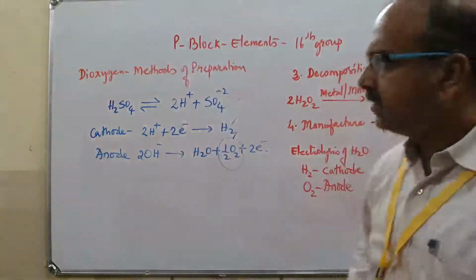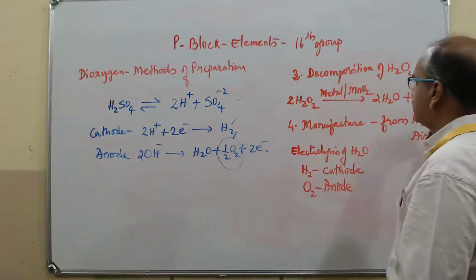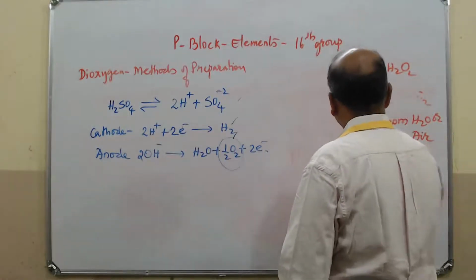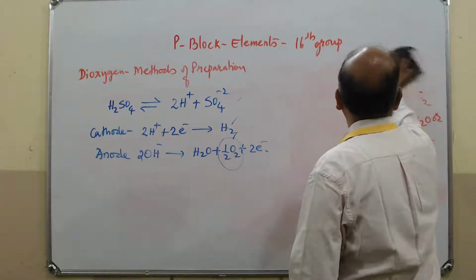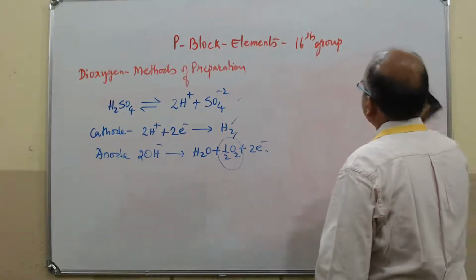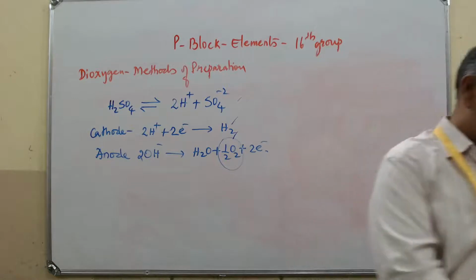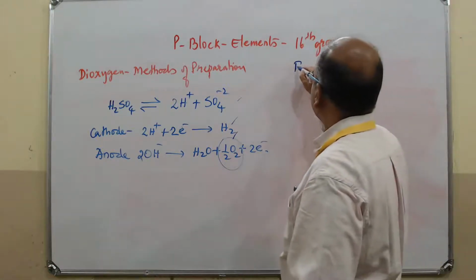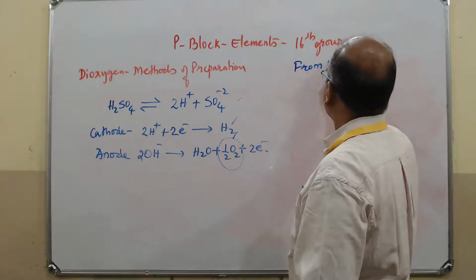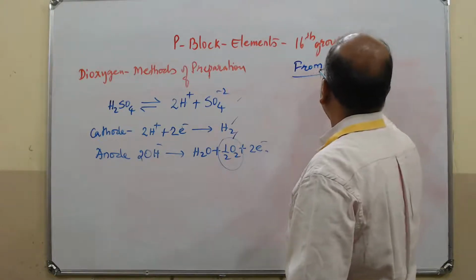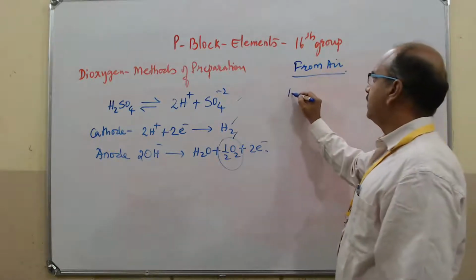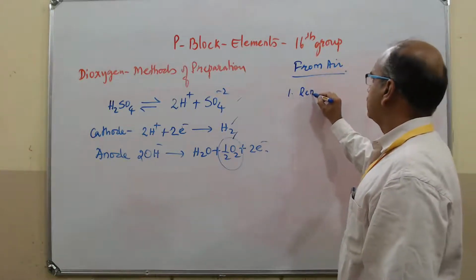Further, regarding air fractionation, I am telling you how oxygen is obtained from air. First is the removal of carbon dioxide and water.